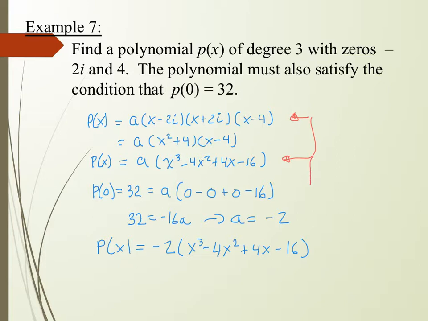Now, p of 0 is equal to 32, which is the polynomial where x is evaluated at 0, and we get a times a negative 16. When we solve that, we get a is equal to a negative 2, and so now we can put it into the original polynomial function, which is p of x is equal to a negative 2 times x cubed minus 4x squared plus 4x minus 16.